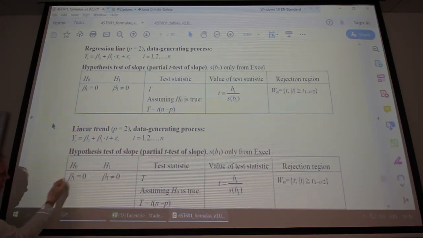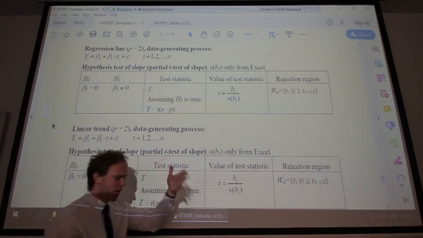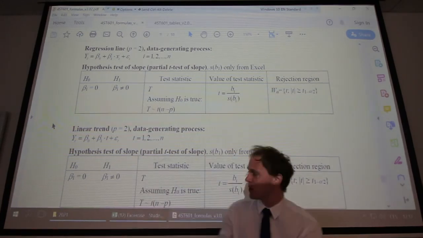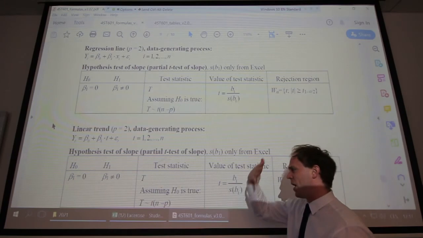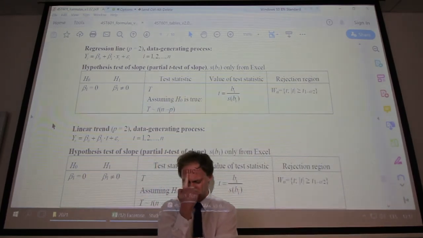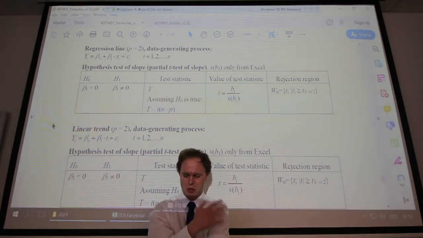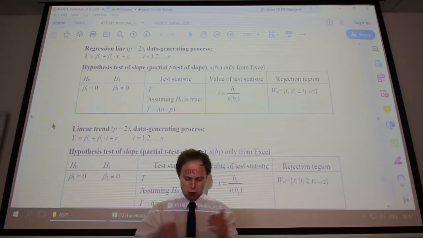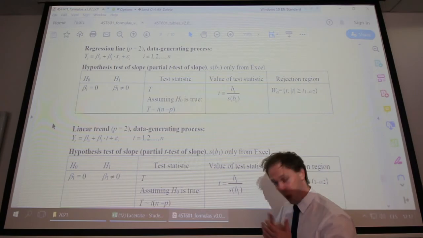What's written here? Coefficient is equal to 0. This is the zero hypothesis. We will estimate some coefficient, some parameter of the regression model, and there will be a hypothesis claiming that the coefficient is 0. What does it mean? This coefficient is not statistically significant. It means that it's wrong.